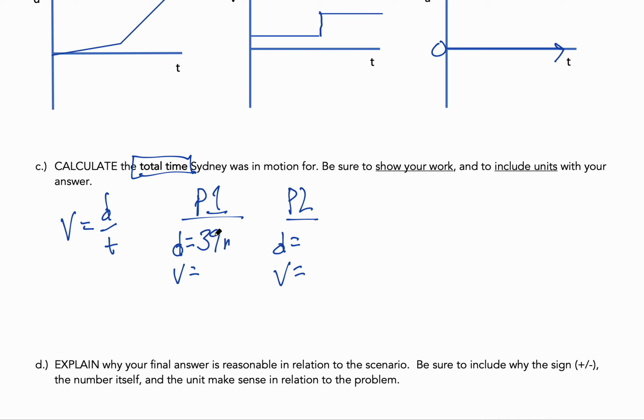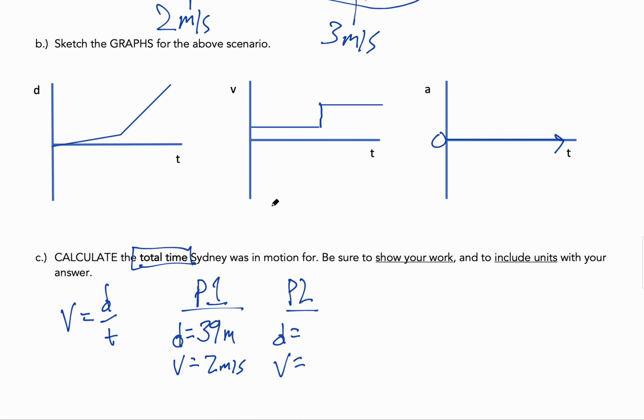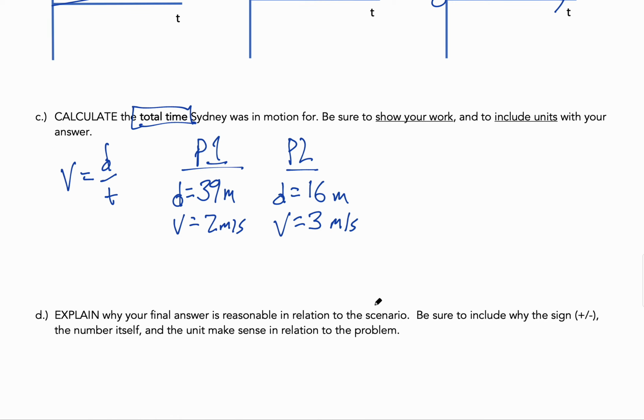And then for part 2, 16 meters at 3 meters per second. All right, so let's go ahead and figure out what our times are.